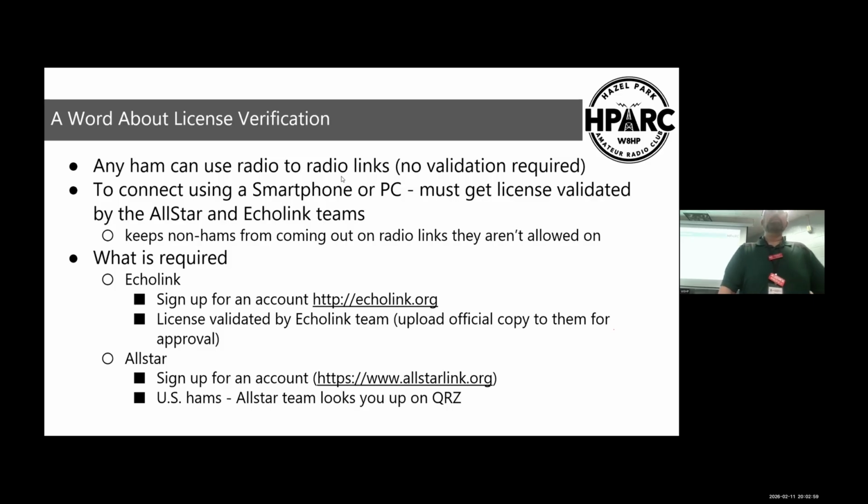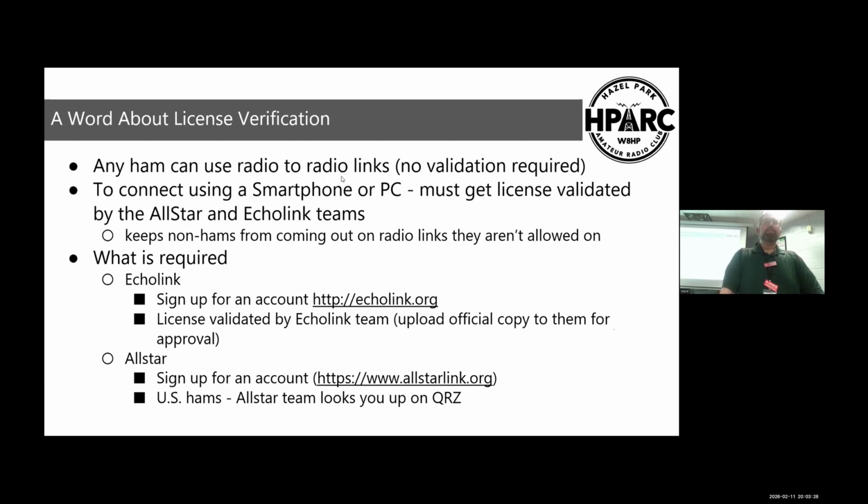To connect with a computer or a smartphone, because anyone could, in theory, sign up for an account and log in, you do have to get your license validated by the Allstar or Echolink teams. And that just makes sure that everyone that downloads the app and connects to the network is a ham and is able to transmit. Echolink, you just sign up for an Echolink account, they validate your license, you download the app, and you could use it.